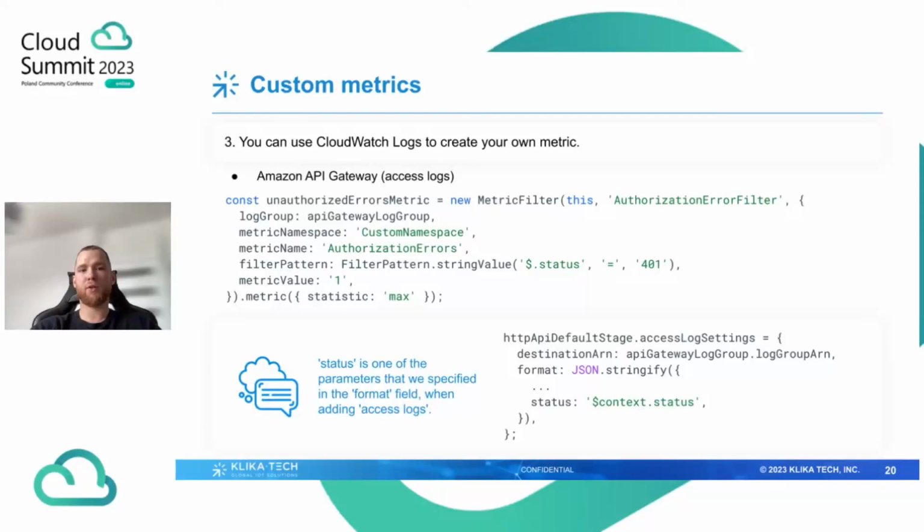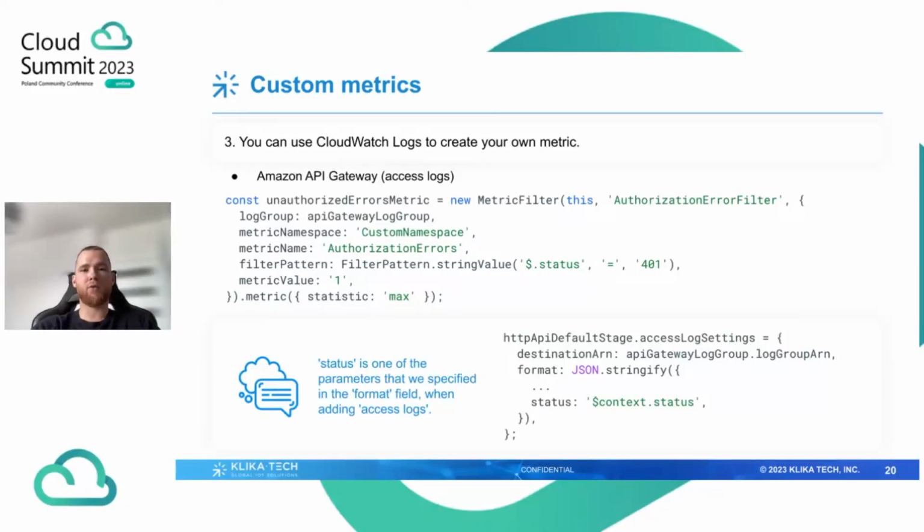For example, create a custom metric called authorization errors with a filter pattern that matches log entries with a status field equal to 401. The metric value is set to 1, which means that whenever a log entry matches the specified filter pattern, our authorization errors metric will be equal to 1 at that point in time.